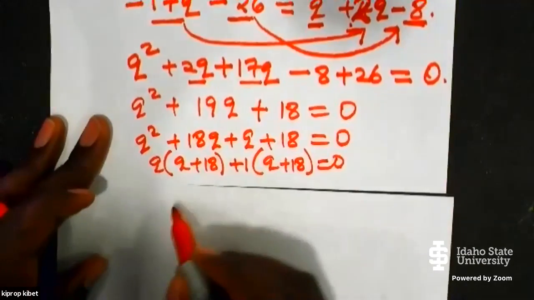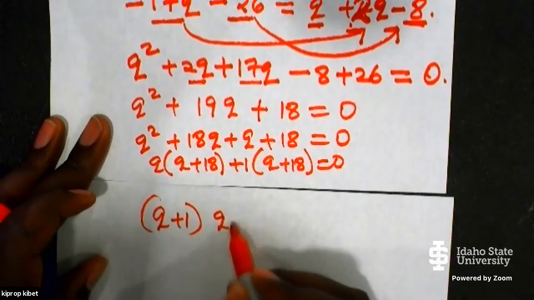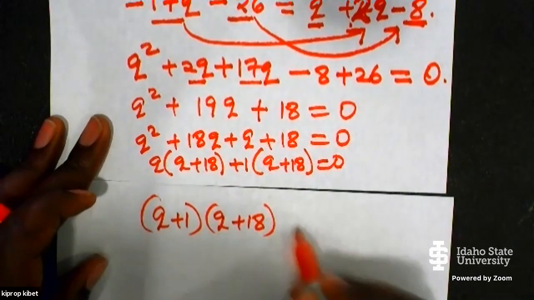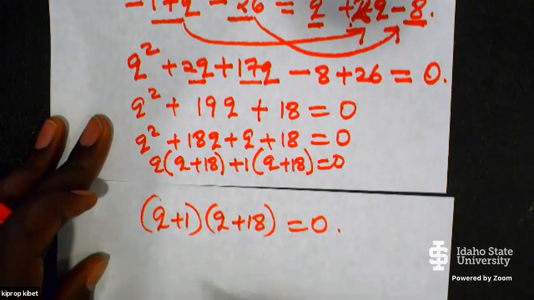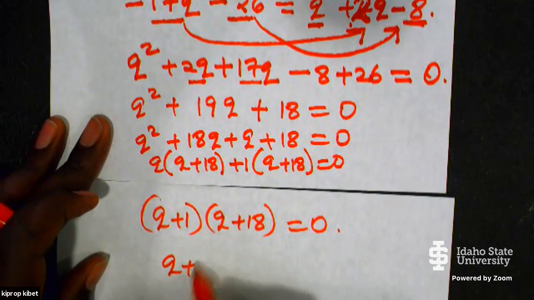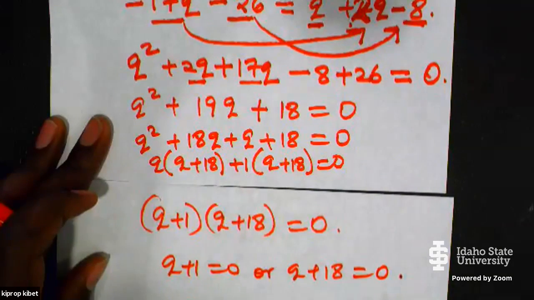So what do you have here? We have q plus 1, q plus 18 equals 0. So using the zero product property, we have q plus 1 equals 0 or q plus 18 equals 0. So q equals minus 1 or q equals minus 18.